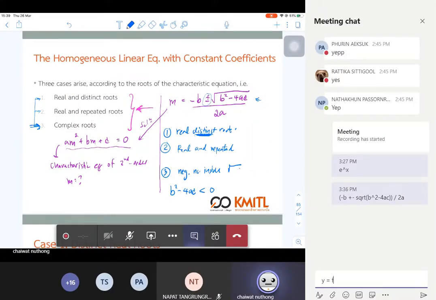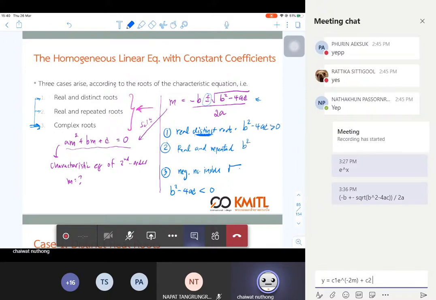It's real, so it means that inside the square root must be a real number. And to make it distinct, that real number must not be equal to 0, and it cannot be less than 0, so it must be greater than 0. So b squared minus 4ac is greater than 0.